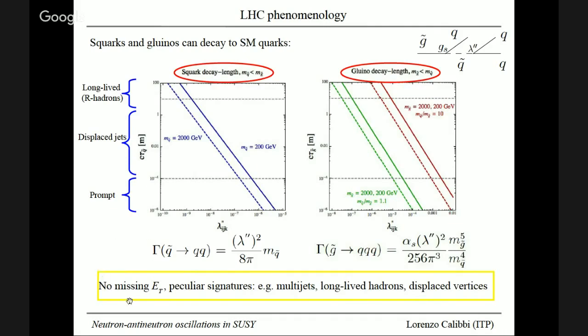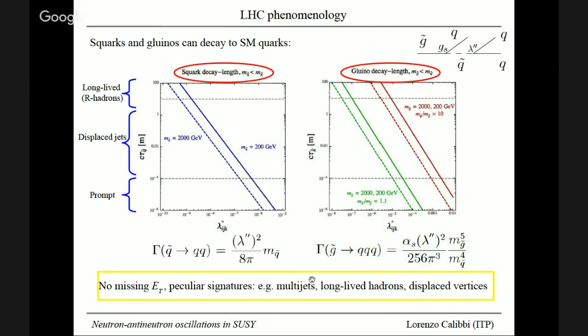So to summarize, what we expect at the LHC to constrain this kind of models is absence of missing ET and either events featuring many jets or long-lived hadrons or displaced vertices.